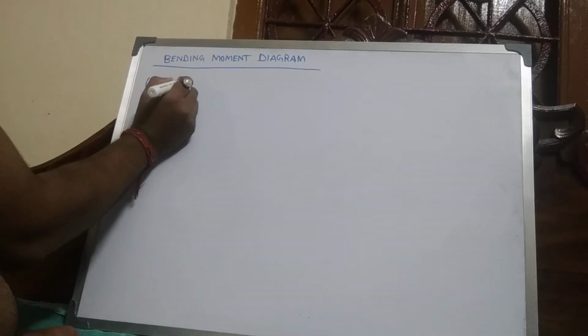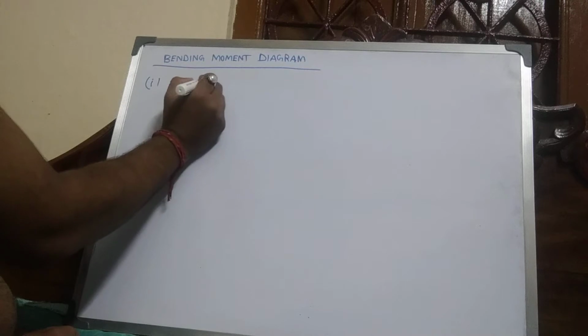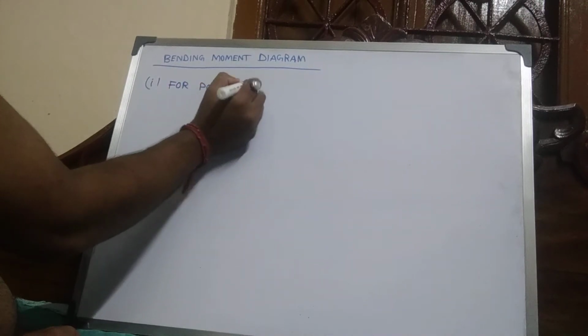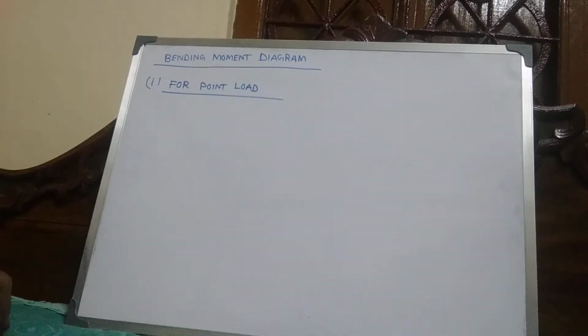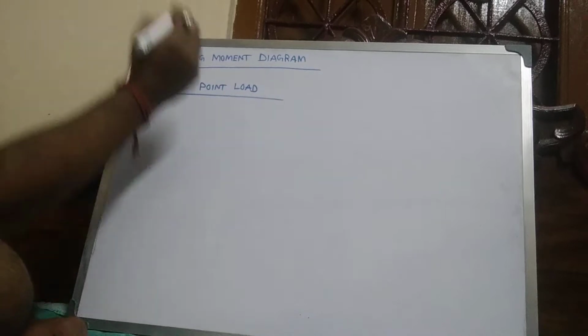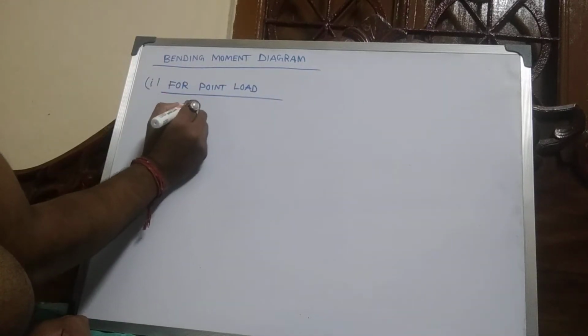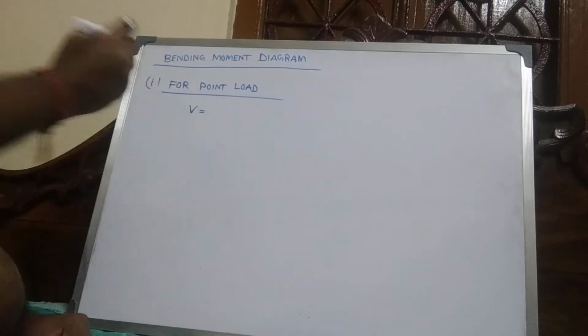Suppose case 1: shear force and bending moment diagram for point load. For point load, shear force is constant.